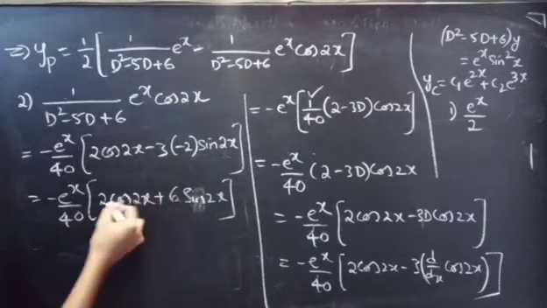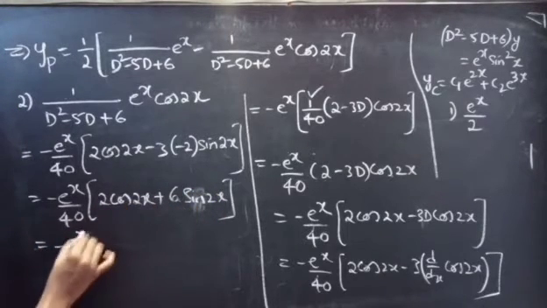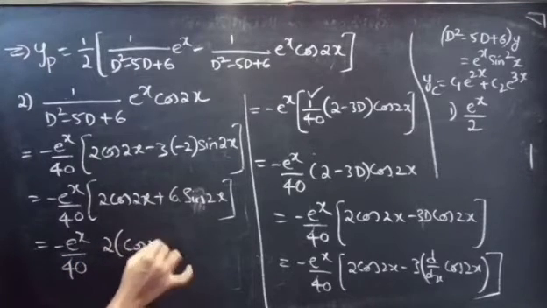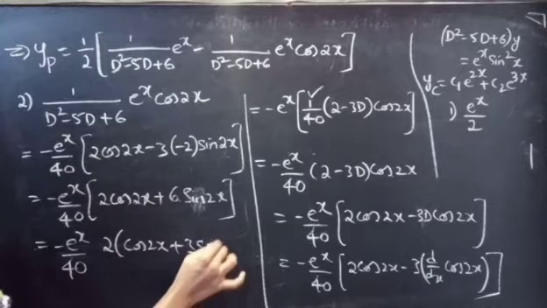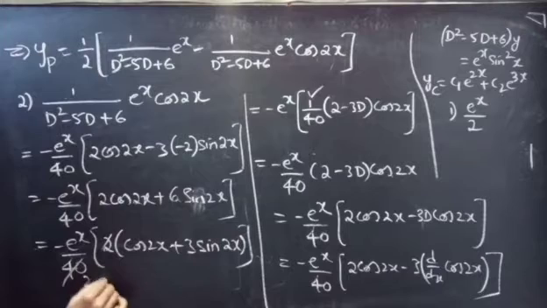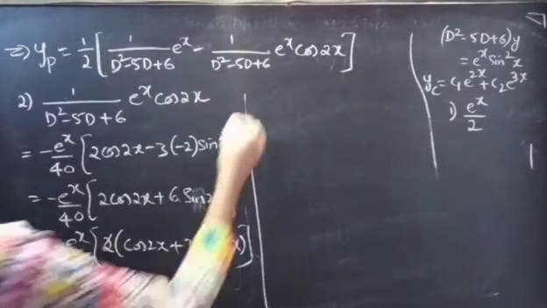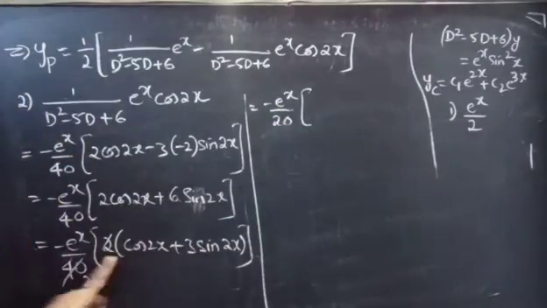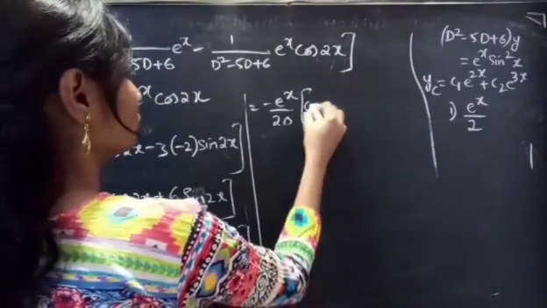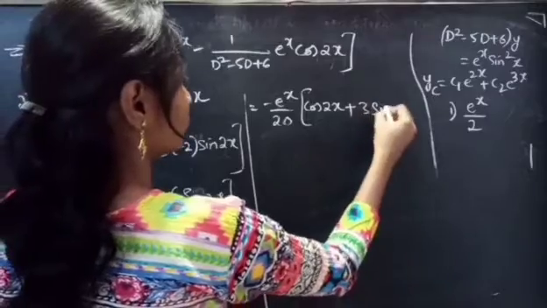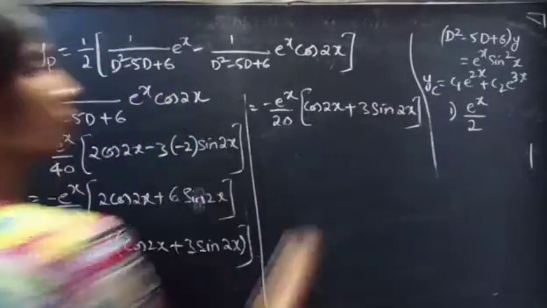Now take 2 common from these two terms, we'll get minus e power x by 40 into 2 times cos 2x plus 3 sin 2x, 2 ones are 2, 20s are 20, which is equal to minus e power x by 20 into cos 2x plus 3 sin 2x.